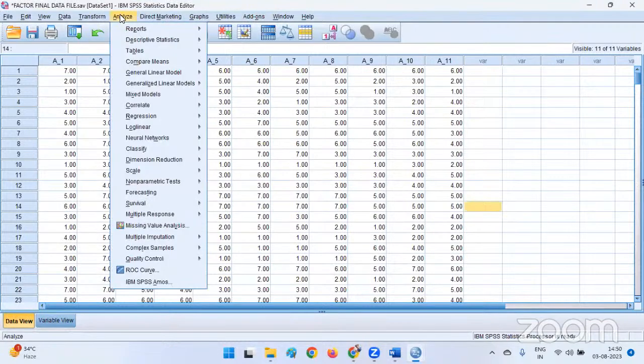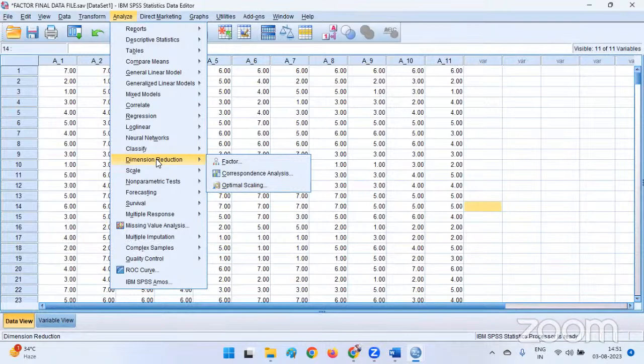We will go to Analyze. In Analyze, we have dimension reduction. Why do we call it dimension reduction? Because it reduces a huge number of variables into small clusters of variables.